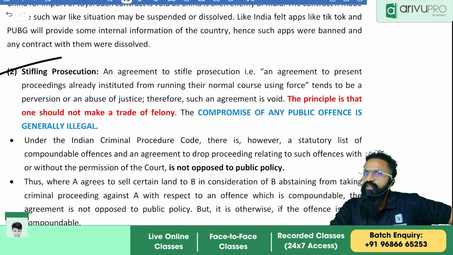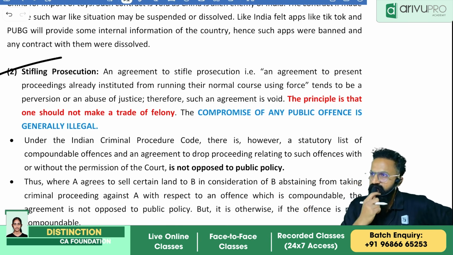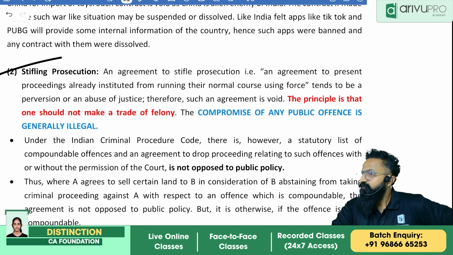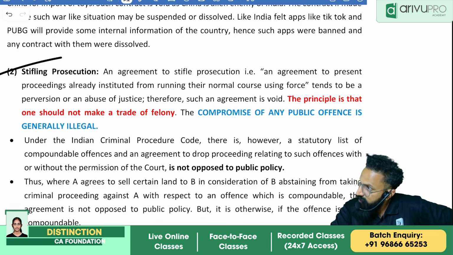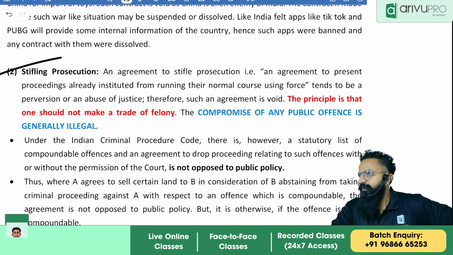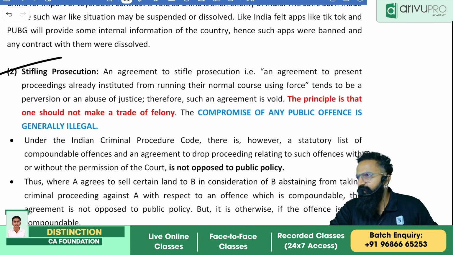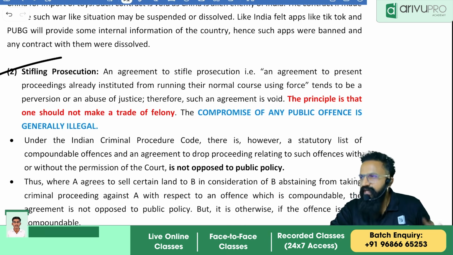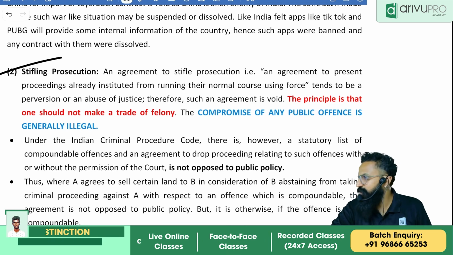So I told you there are two types of offenses. One is called compoundable, one is called non-compoundable. Compoundable offenses you can compromise. Non-compoundable offenses you cannot compromise. Imagine A kills B. B's family cannot go and compromise with A. You have to take it to court. That is non-compoundable.